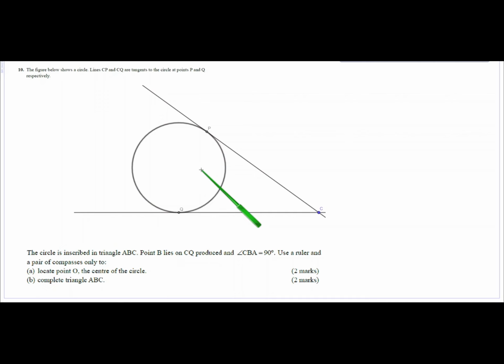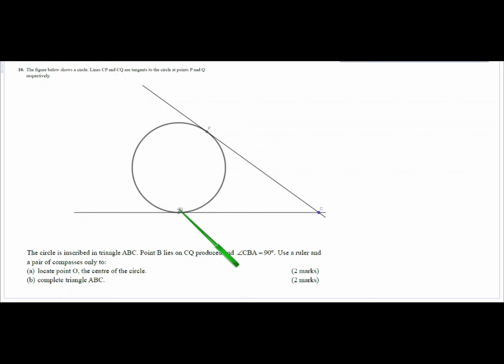Since the information given is that CP is tangent to the circle at point P and CQ is tangent to the circle at point Q, another property that we need to know is that if we draw a perpendicular through this point here, it will pass through the center of the circle.